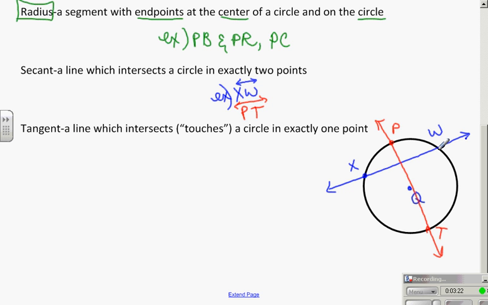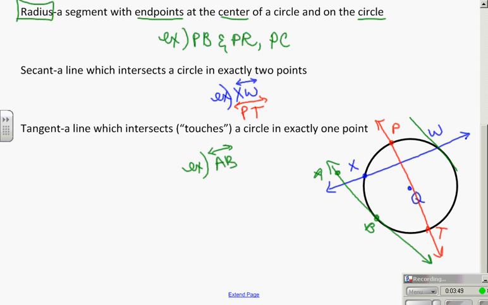Now a tangent line is a line which intersects or touches a circle in exactly 1 point. So the tangent lines look something like that. Well, let's give this another point out here. So for example, AB would be a tangent line.